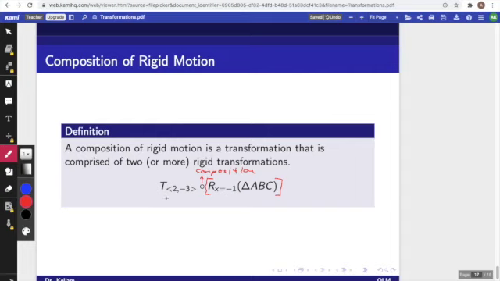And in general, perform the rightmost transformation first.